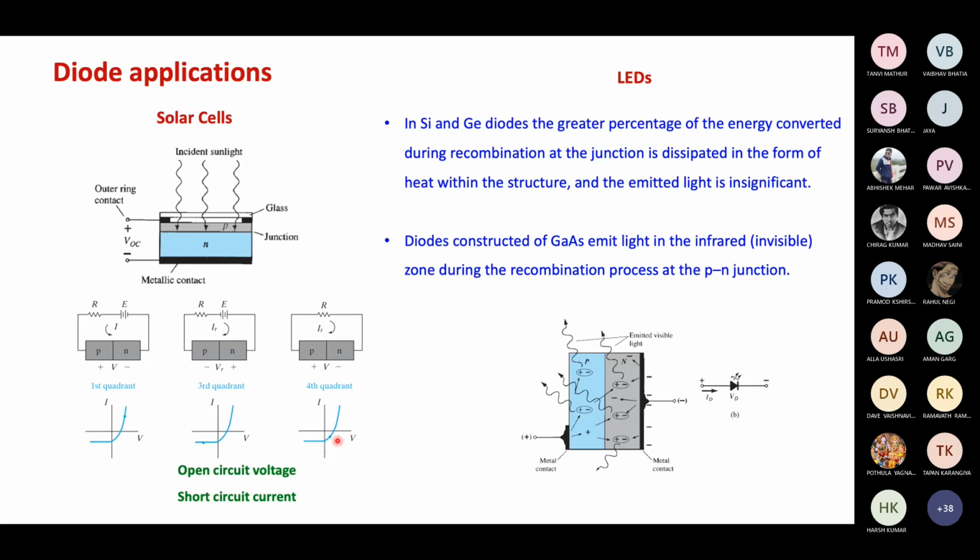In that case, the current will be 0, and this is the point where this will happen. Do you see this point on the IV characteristics? This will be on the voltage axis, where current is 0, in the fourth quadrant. The voltage at this point is known as the open circuit voltage of the solar cell. Got it or not?